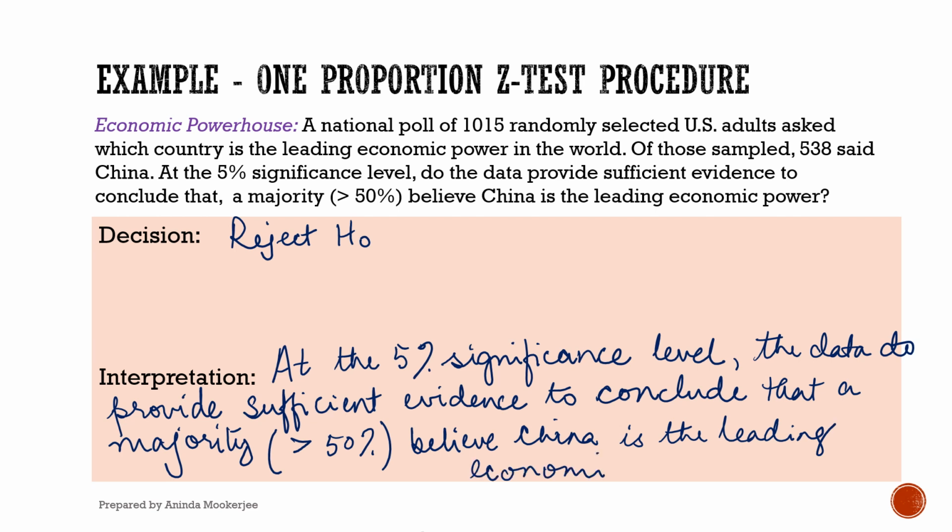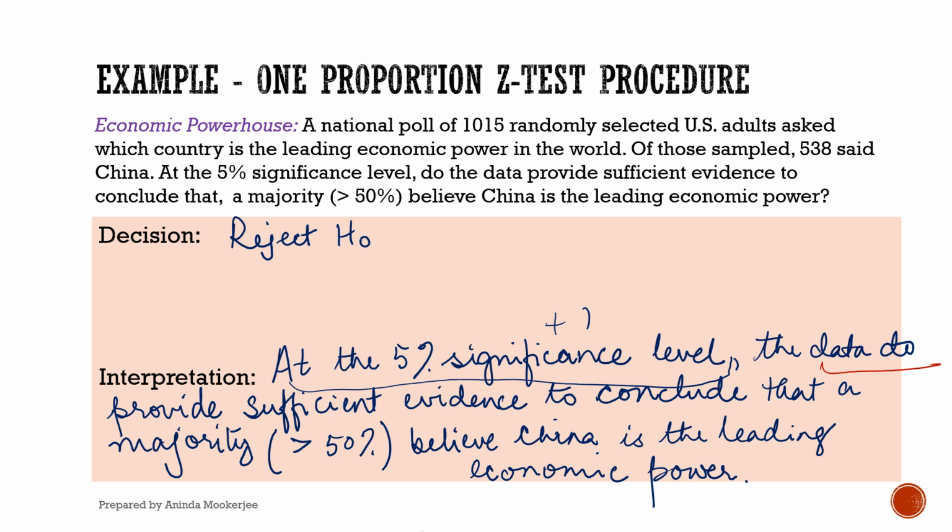All right, again, interpretation is very important because after all that work, if you're not able to interpret it correctly, then the whole study will not have any value. Again, these are the keywords. At the 5% significance level, there'll be a point assigned to that when grading. Then whether you have stated correctly whether the data do provide or do not provide is important too.